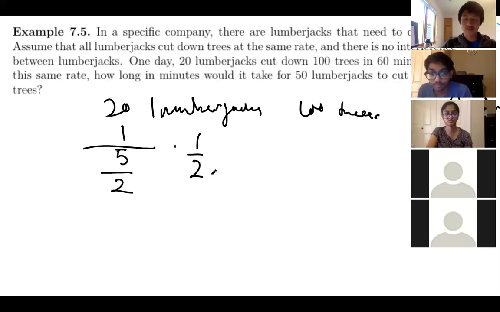So first we're multiplying the time by the reciprocal of 5/2, and then we're multiplying by 1/2.